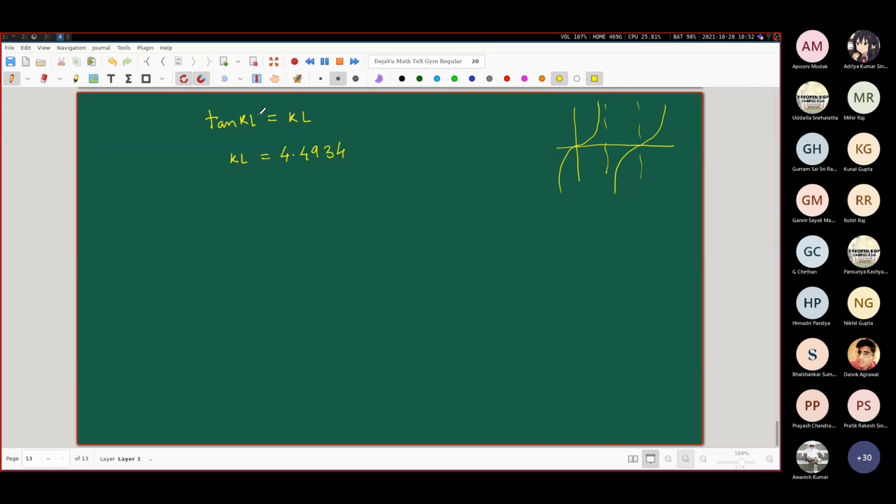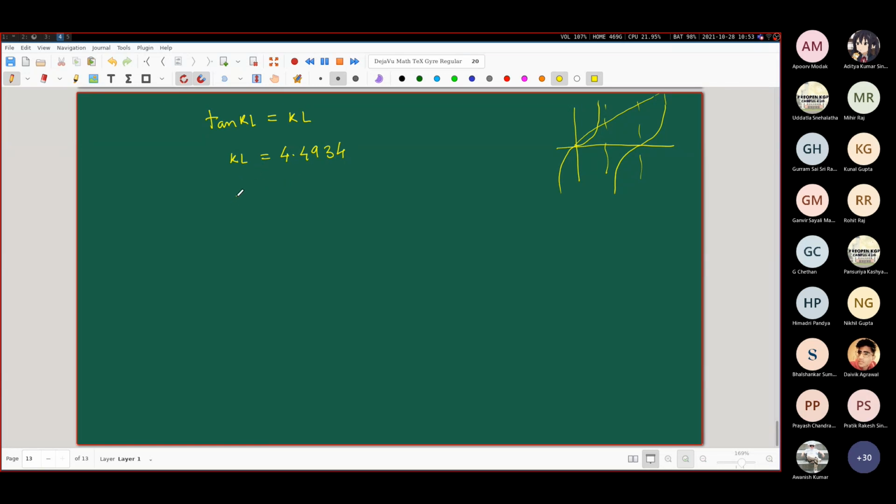If you consider the KL like an X, and this KL also like an X, you just have to obtain the intersections where this is occurring. If you have one intersection here, you will have another intersection here, things like that. That's what I mean by multiple solutions. I'm only considering the lowest solution.